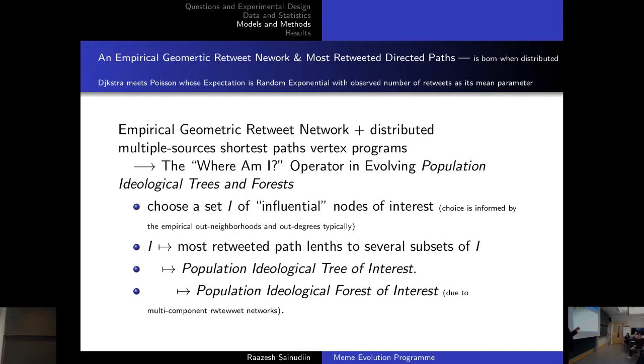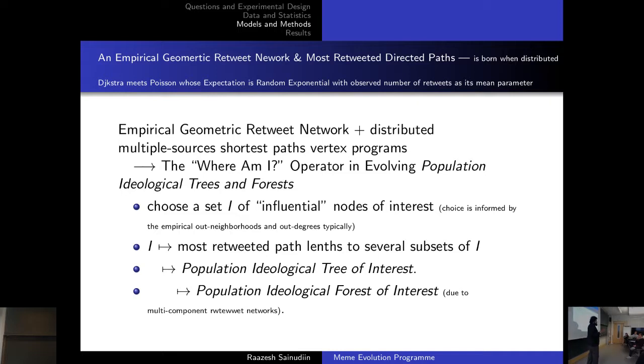That means I can find the shortest distance from every node in a very, very large network that has to be distributed in random access memory across lots of machines, right? I can find the distance from every node to a single source. This could be some neo-Nazi hate group or Donald Trump or anyone, anybody of interest. That's called the distributed Dijkstra algorithm using a Pregel program.